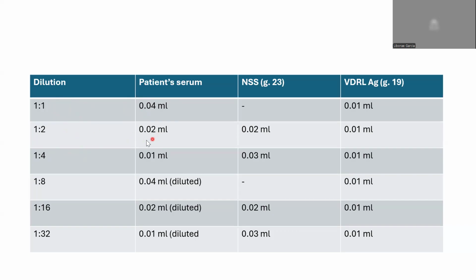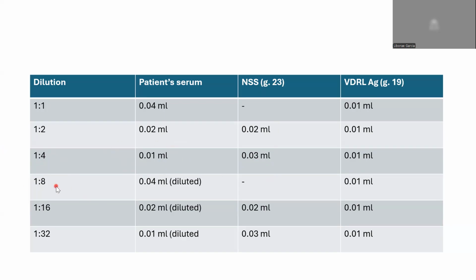Then you added 0.02 ml serum in your second reaction circle with NSS 0.02, meaning 2 drops, since this gauge gives 0.01 ml per drop. Then 0.01 ml serum for your third reaction circle with 3 drops of your NSS. That's why you have a dilution of 1:4.